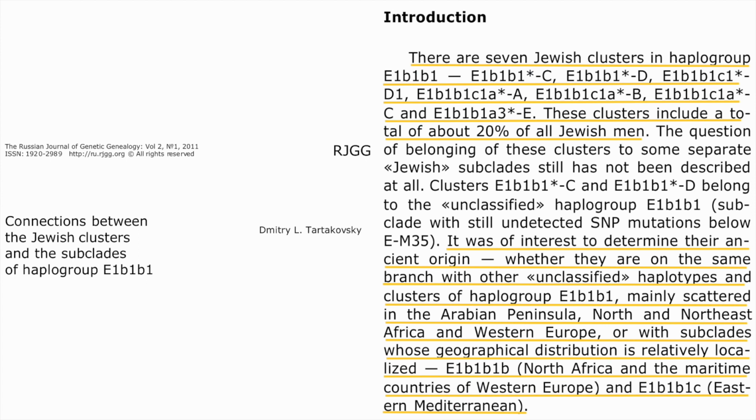It was of interest to determine their ancient origin, whether they are on the same branch with other unclassified haplotypes and clusters of haplogroup E1b1b1, mainly scattered in the Arabian Peninsula, North and Northeast Africa, and Western Europe, or with subclades whose geographical distribution is relatively localized: E1b1b1b, North Africa and the maritime countries of Western Europe, and E1b1b1c, Eastern Mediterranean.